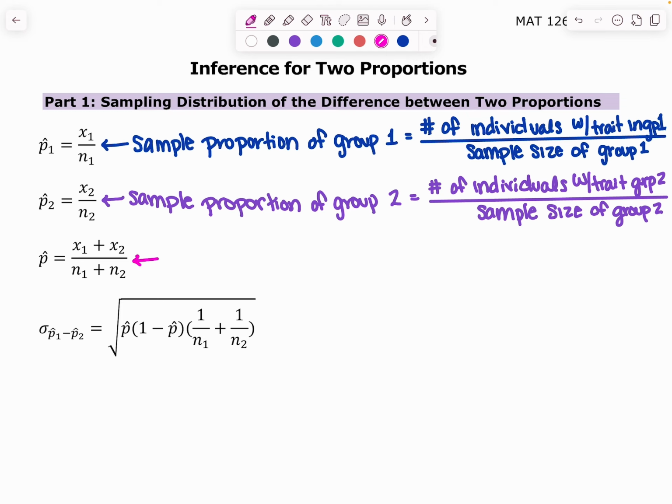And then we have p hat. This is an overall p hat. So this is the combined or pooled sample proportion.